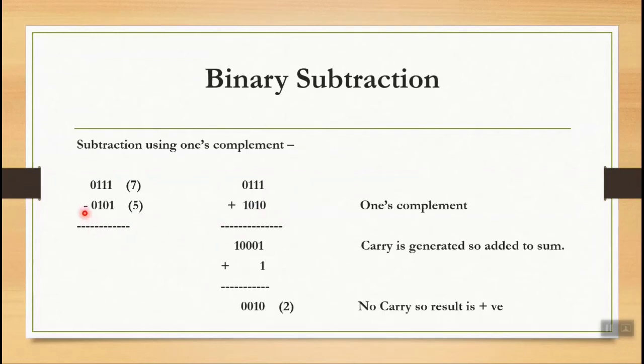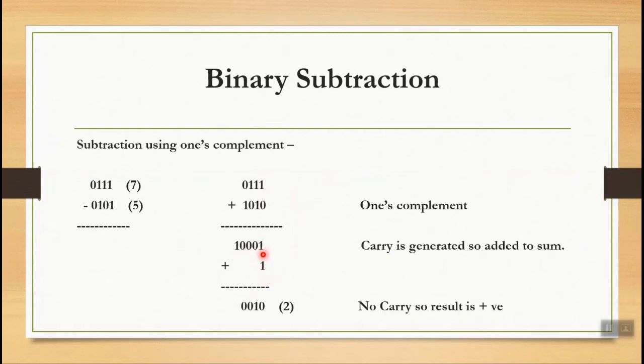So instead of subtraction, what we are doing is adding this number. 1 plus 0, that is 1. 1 plus 1, that is 0, carry is 1. That 1 and this 1 means 0 again, carry is 1. That 1 and this 1 is 0 and carry is 1. So carry generated, so add it to the sum. The carry that comes in one's complement, you have to add to the sum.